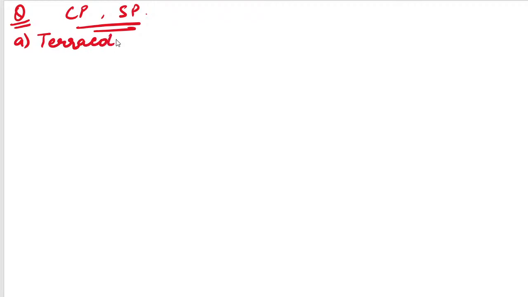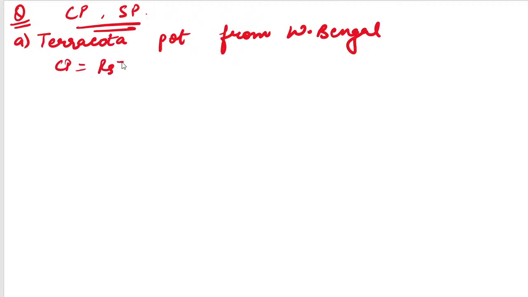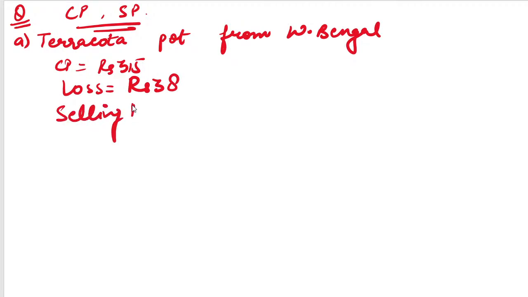terracotta pot from West Bengal. The CP is given, that is rupees 315, and loss is given, that is rupees 38, and you have to tell the selling price. Okay, you have to tell the SP.